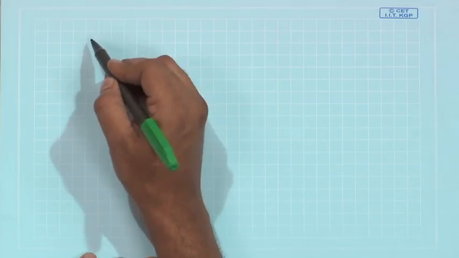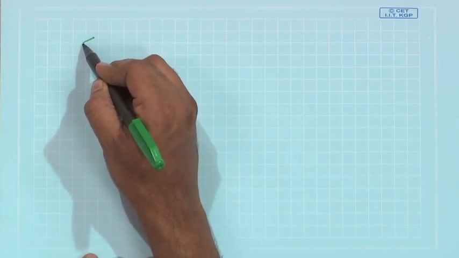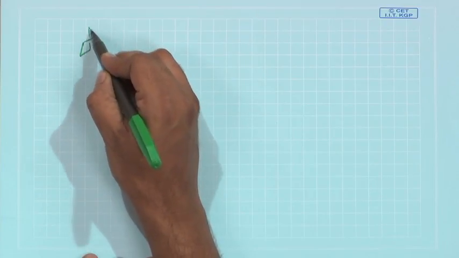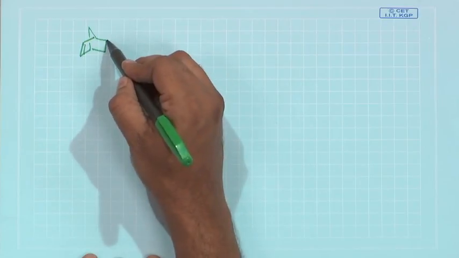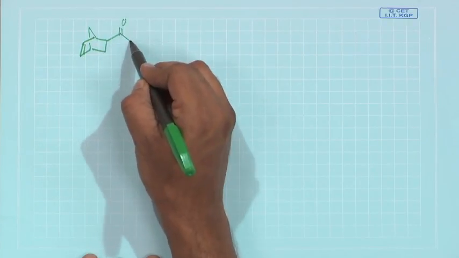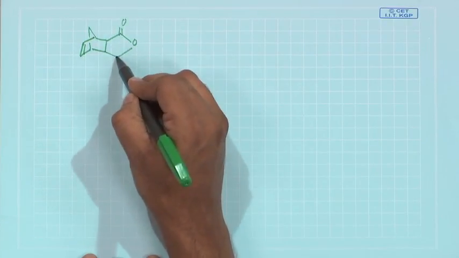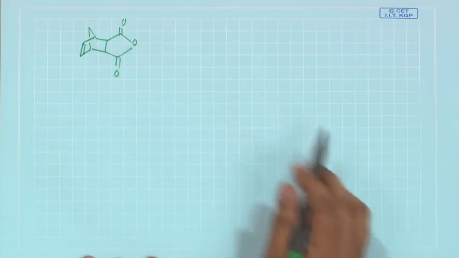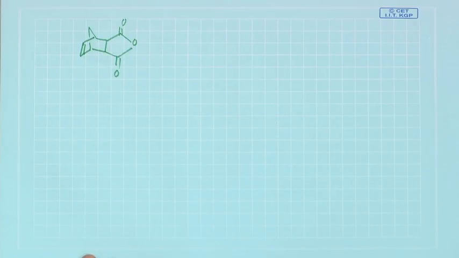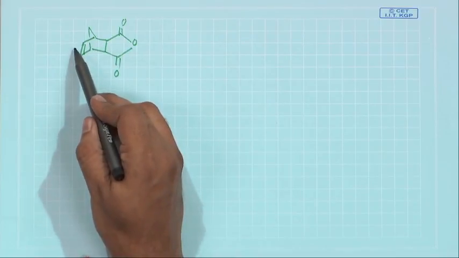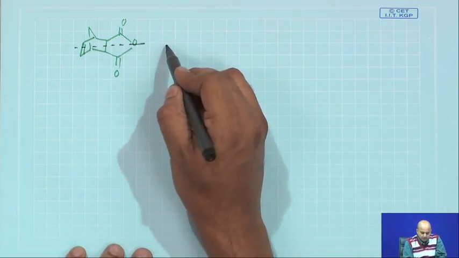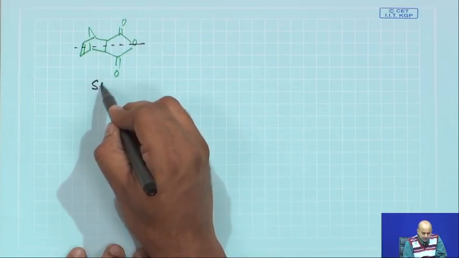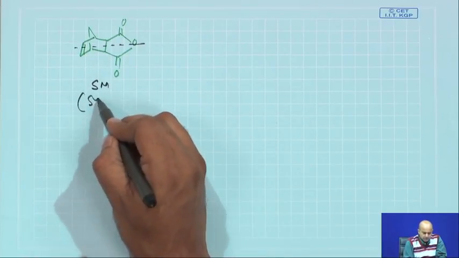And similar kind of thing, if I give you another example, I say how you can desymmetrize this particular compound. Now, I am saying that you are having a compound something like this, which looks to be a perfectly symmetrical compound if I do not talk about the stereochemistry, fine. So, it is a starting material which is symmetrical.